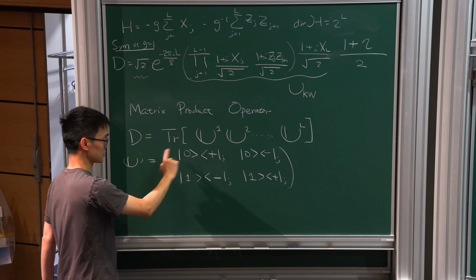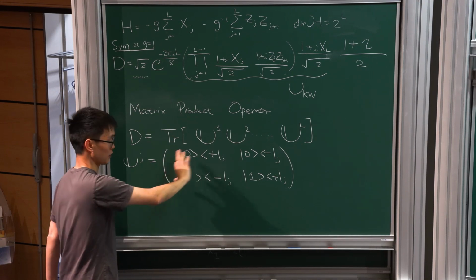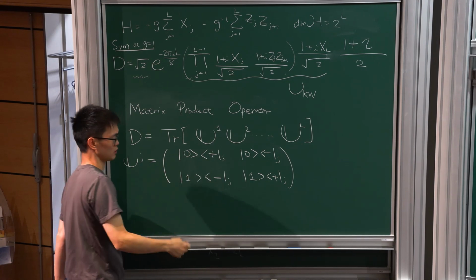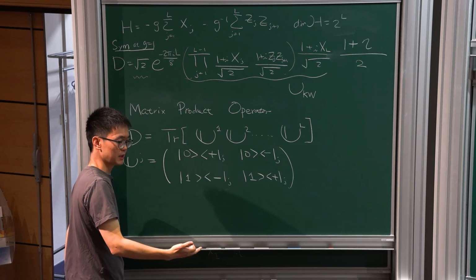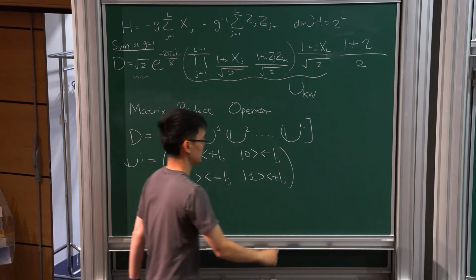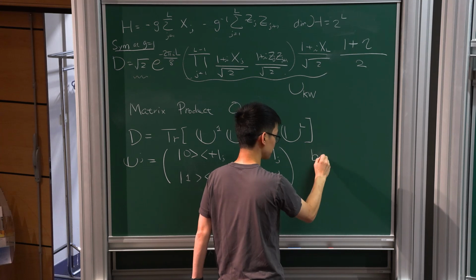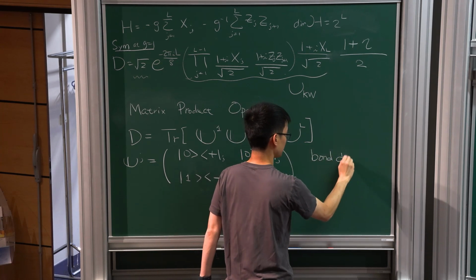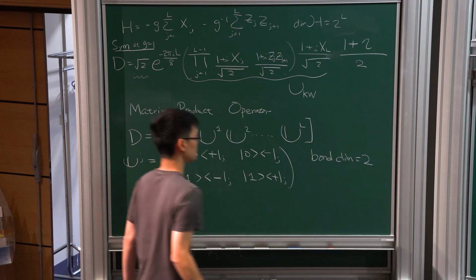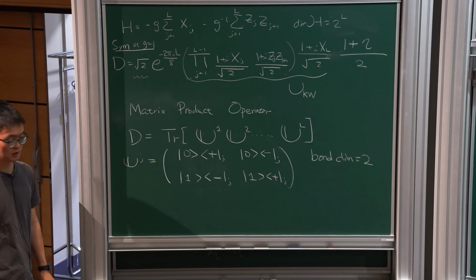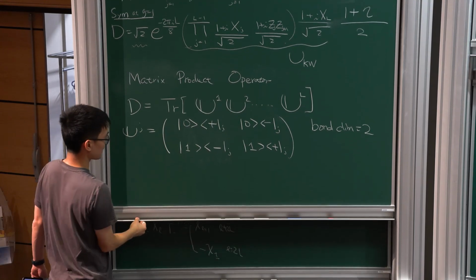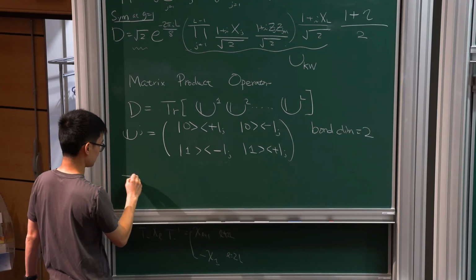This 2-dimensional space, which I create by this 2x2 matrix, is usually called the virtual space or the bond space. Here the bond dimension is 2. So this operator can be schematically written in this way.